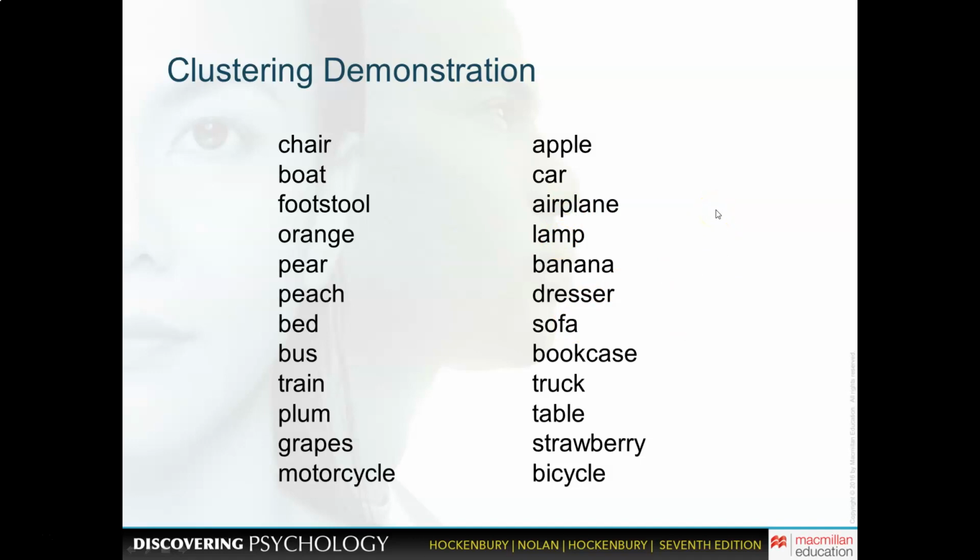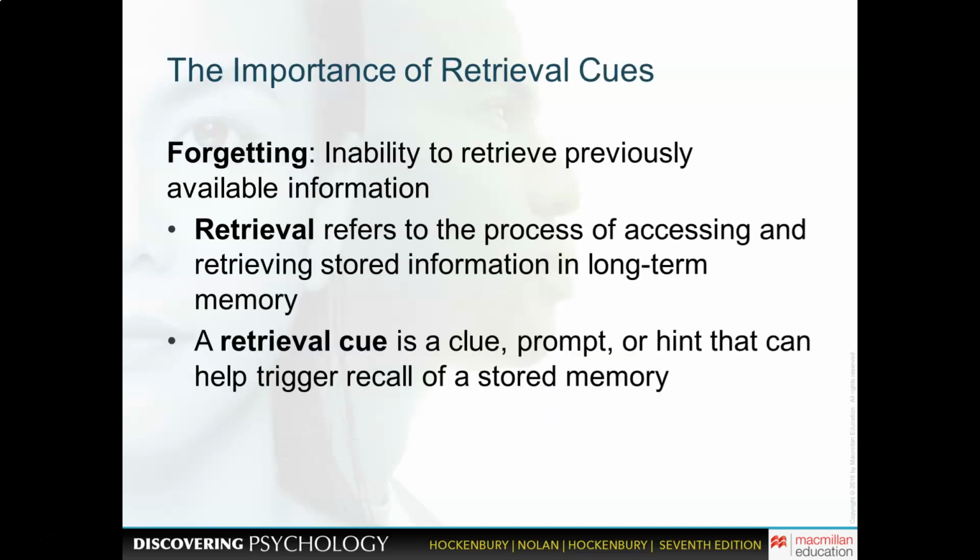Then we can cluster those and work on memorizing each category. We say, okay, there's this many items available in the category of furniture, et cetera. I hope that helps. I hope that makes sense.